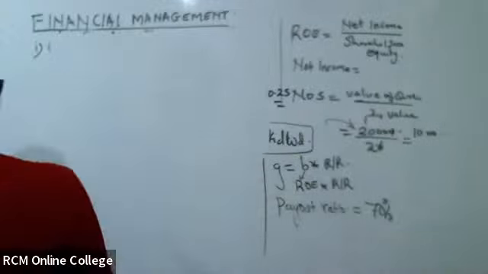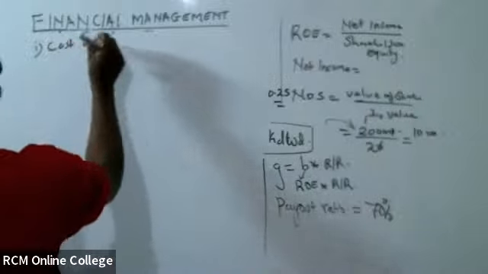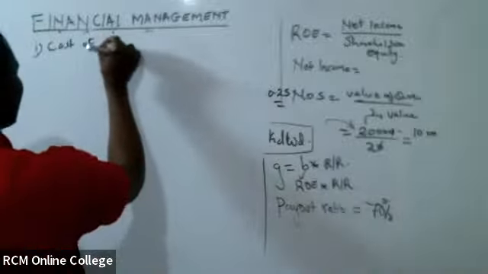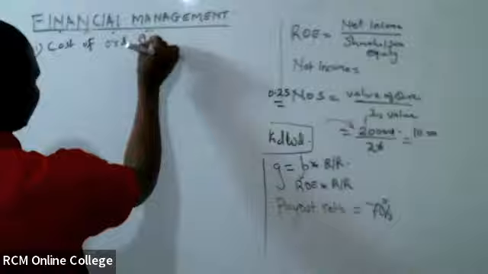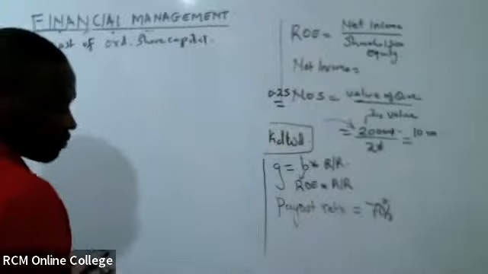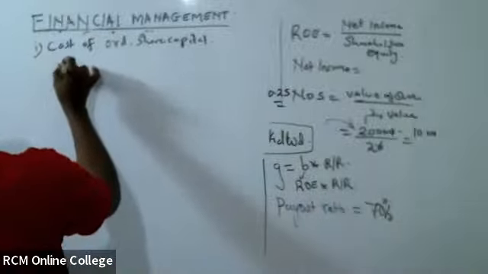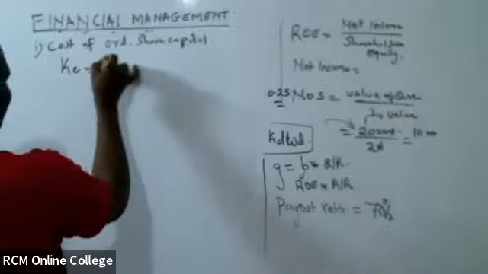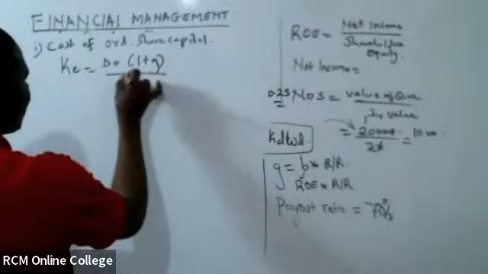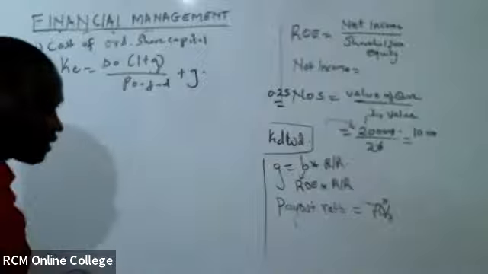KE is what the examiner wants us to have here, and I know the formula for getting KE of the ordinary share.